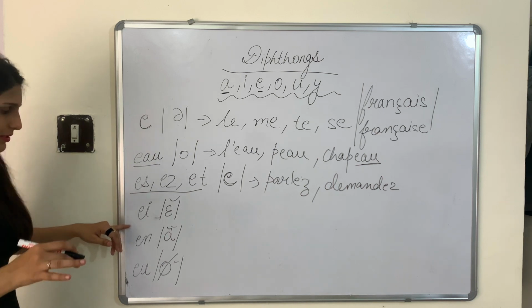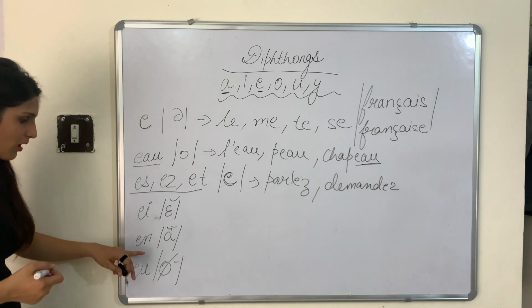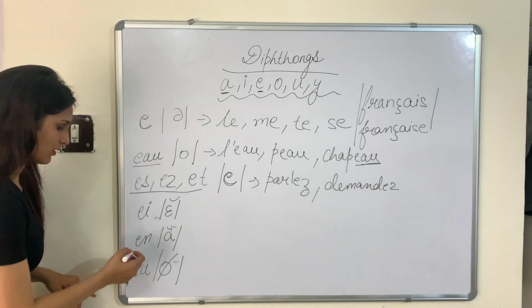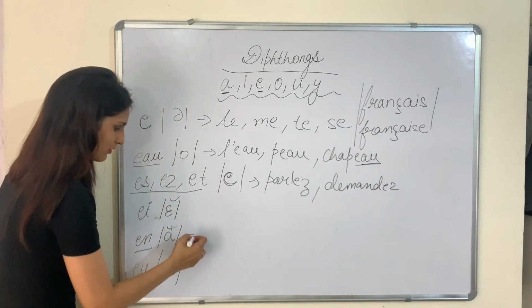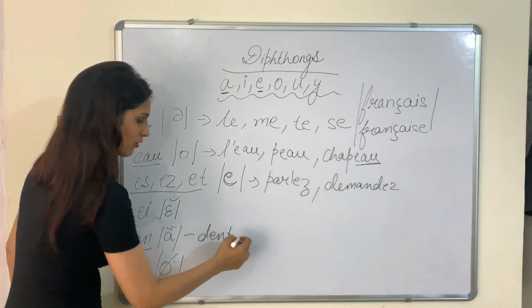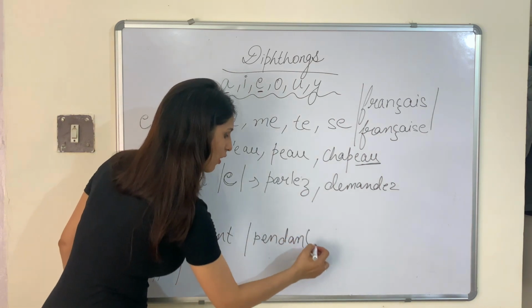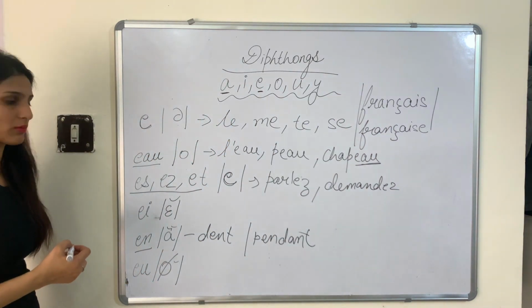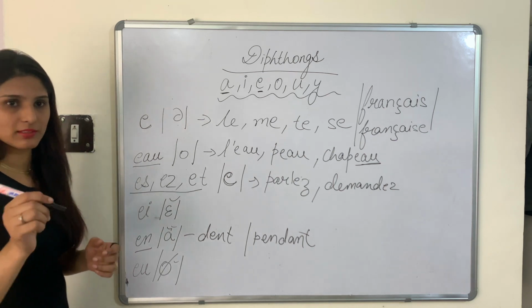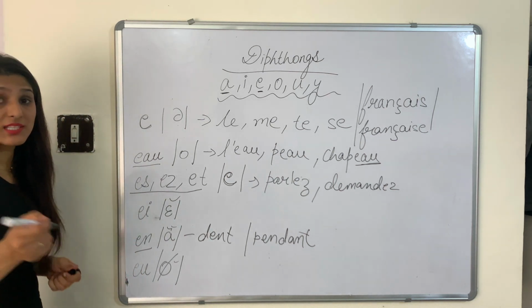I'll take a pause and I will tell you. Over here it is on, and dans, pon, dans, pendant. Let me check the sound for this. Could be like this.